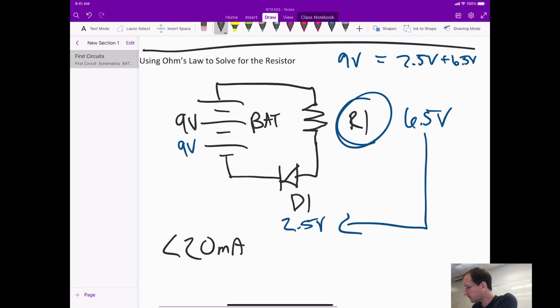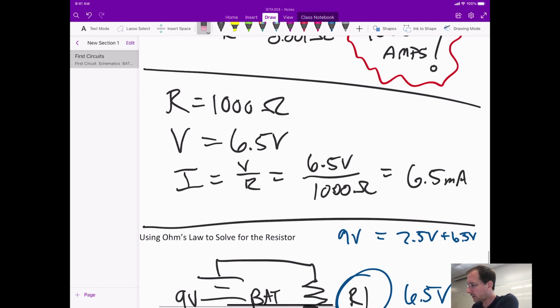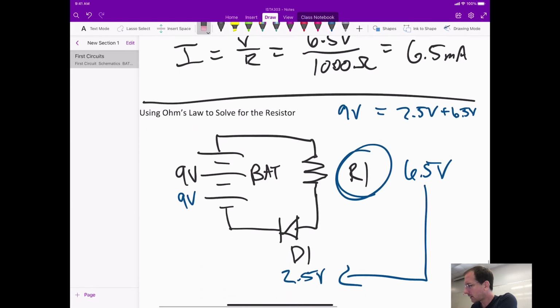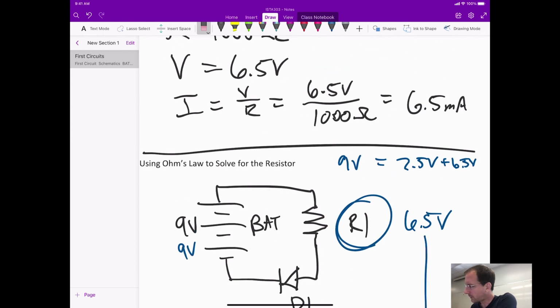And so if we set our resistor to 1,000 ohms, then we know that the current of the circuit is going to be about 6.5 milliamps, because we just happen to figure that one out up here. And so that's going to generate a certain amount of light. It's going to be somewhere in the middle. This is slightly above the bottom range of an LED, and it's not anywhere near the top of 20 milliamps.